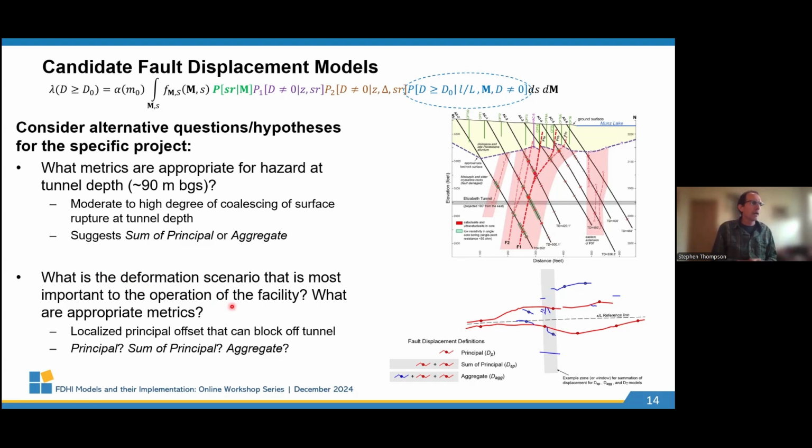For that, we're focused not on the overall displacement across the entire length, but on what could be localized in one particular spot. So it could be a principal metric, a sum of principal, or an aggregate, depending on the level of conservatism you want to consider. But again, slightly different questions could lead to slightly different decisions of which types of models you would implement.